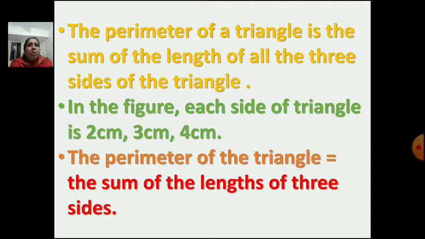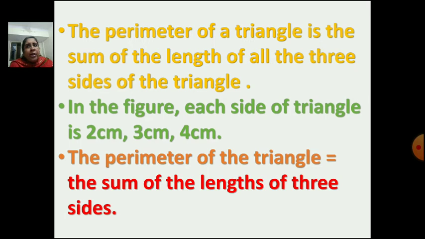The perimeter of a triangle is the sum of the length of all the three sides of the triangle. Now, how many sides does a triangle have? A triangle has three sides. So, you have to add all the three sides of a triangle. Now, in the figure, each side of the triangle is how much? 2 centimeter, 3 centimeter, 4 centimeter.